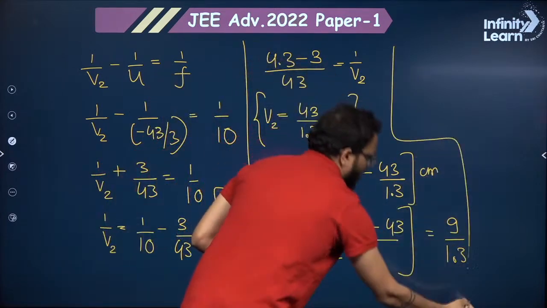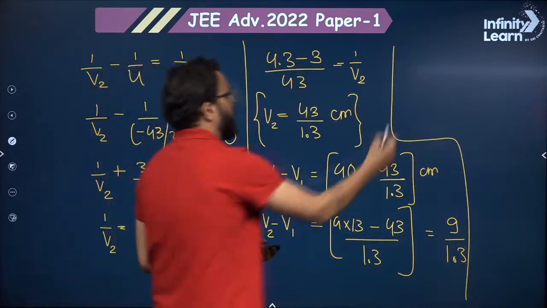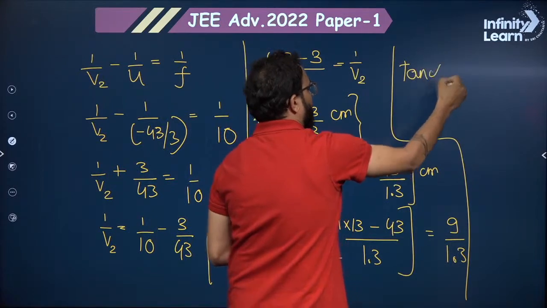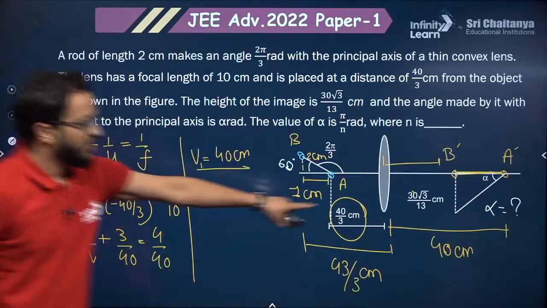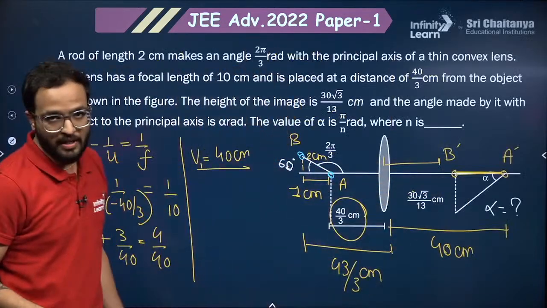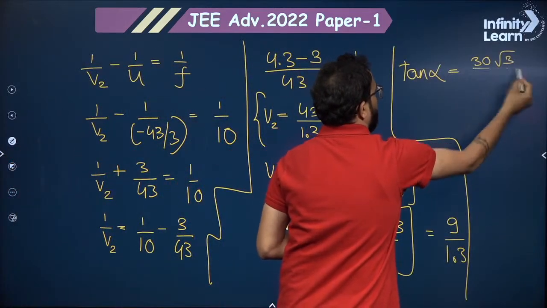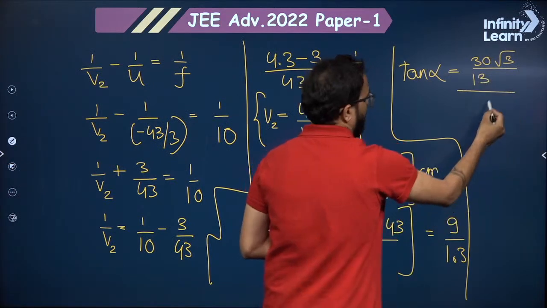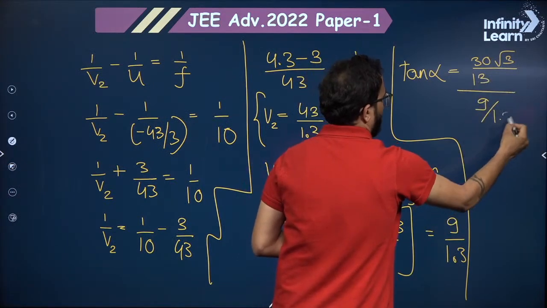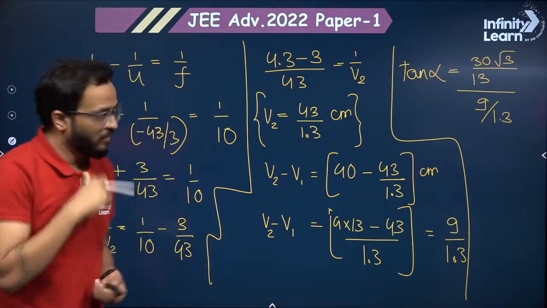Now we want to find out the value of alpha, right? So what is tan alpha? So tan alpha in this triangle, if you say perpendicular is 30 root 3 by 13. So 30 root 3 by 13 upon 90 upon 13. I guess we can solve it from here.